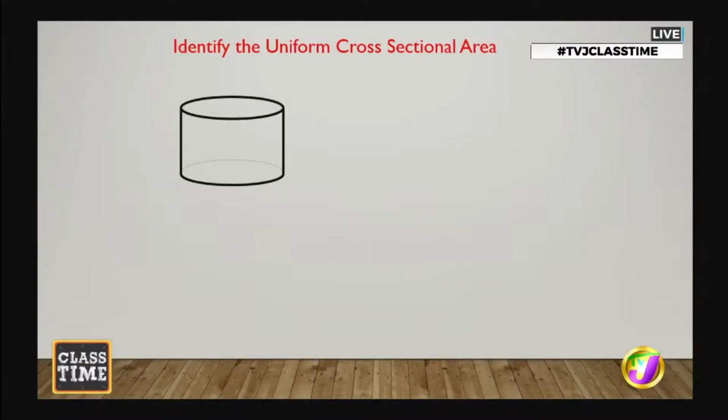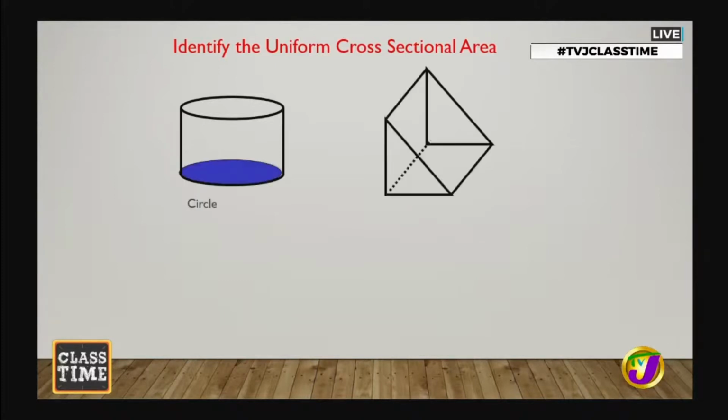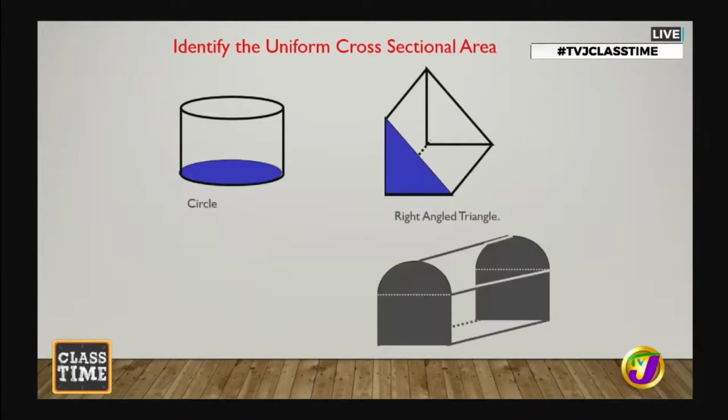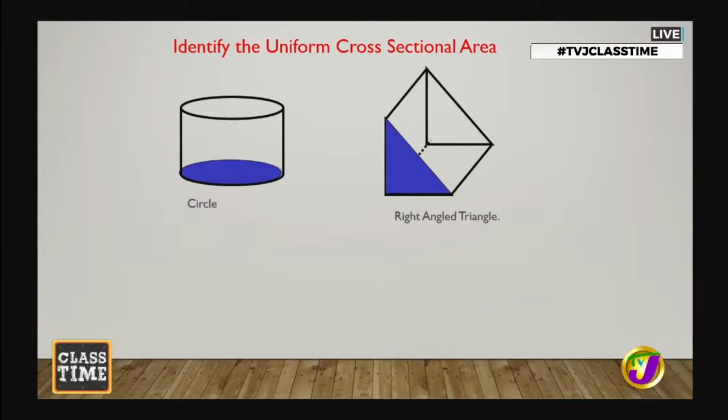So I am thinking it's going to be a circular cross-section. Yes, you're correct, a circle. Now, what about this? I am seeing a right-angled triangle as the uniform cross-section. Yes, you're correct. A right-angled triangle would be the shape that would be maintained if we cut consistently throughout this solid.